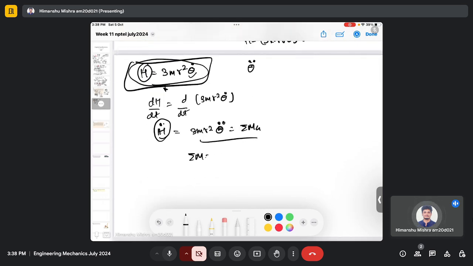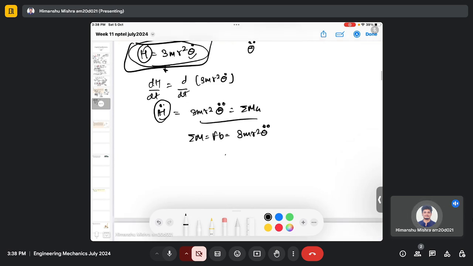So Fb equals 3m r square theta double dot, and my angular acceleration theta double dot will be Fb over 3m r square. So this is my angular acceleration.